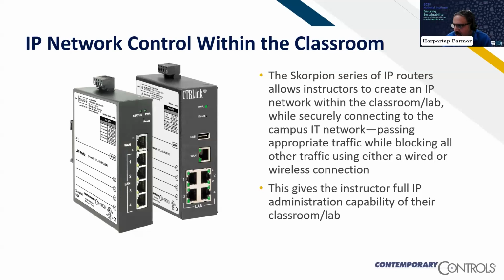So you can use an IP router, which is a device to keep the traffic separated from the IT network or your campus network, and you can set up a DHCP server, which is built into that. And then it gives the instructor the full ability to control and administer the classroom and the lab setting.